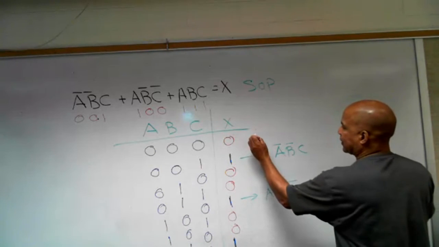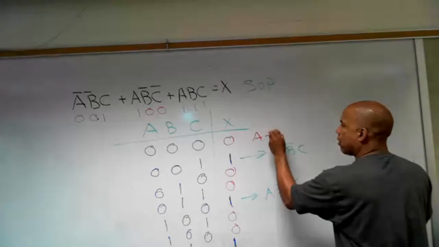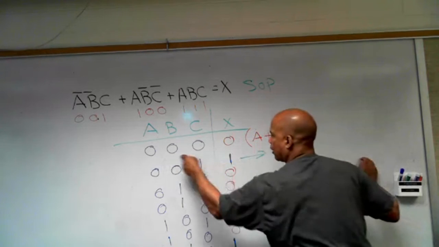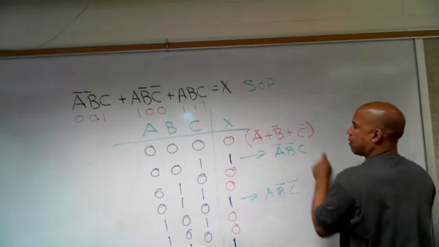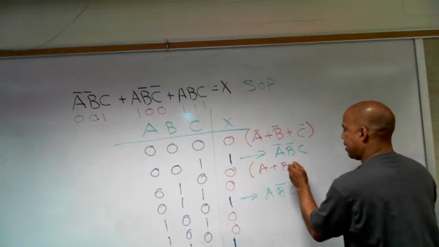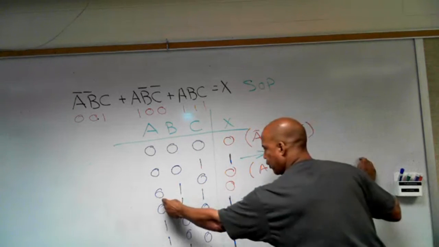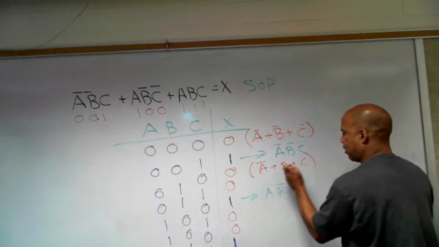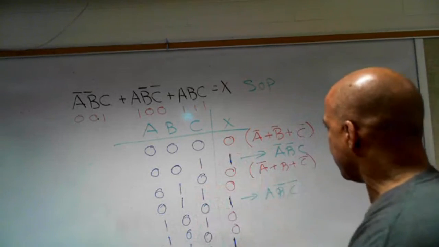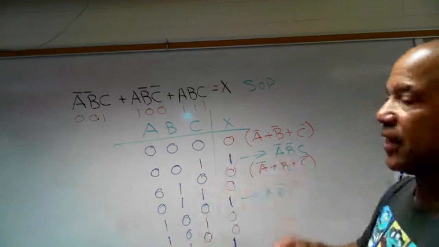So if I wanted to do it, I can say A or B or C. And since these are all zeros, I can put bar, bar, bar. Or down here, A or B or C. I got a 0 here and a 0 there. So that's a bar and that's a bar. So given the expression, you can get the truth table. Given the truth table, you can get the expression.